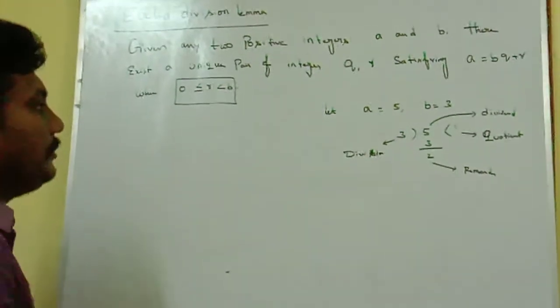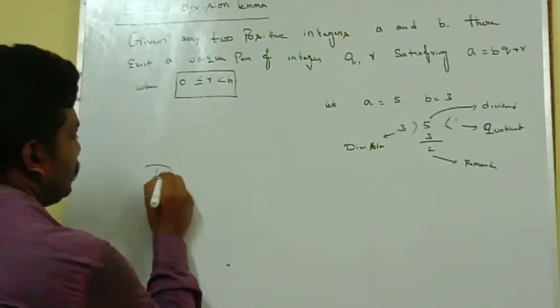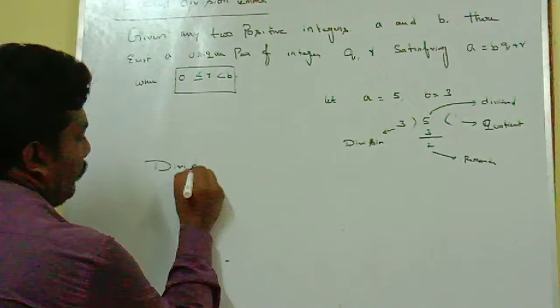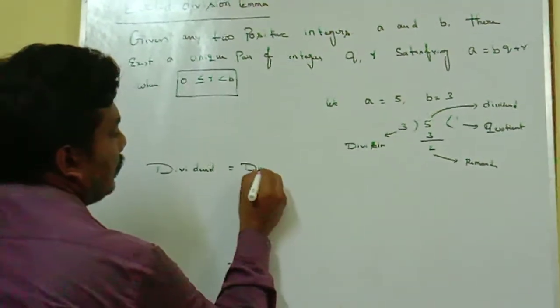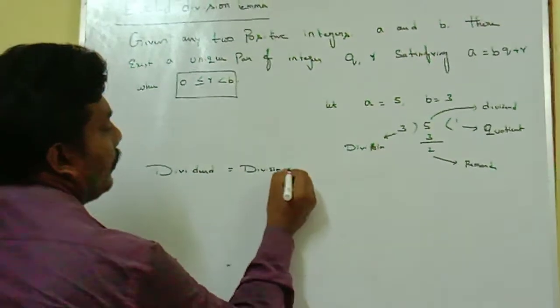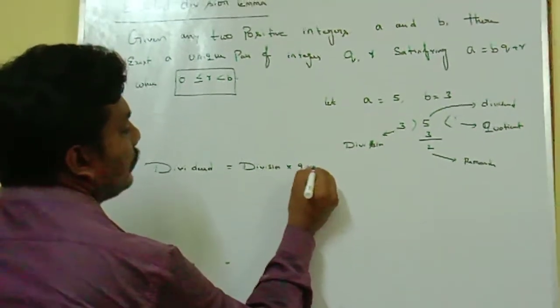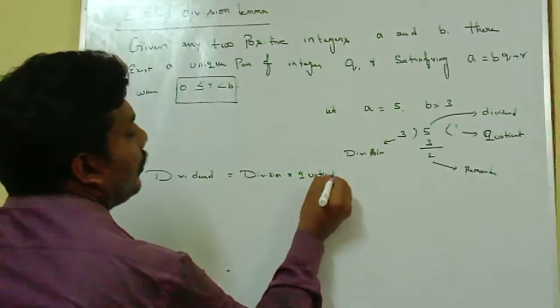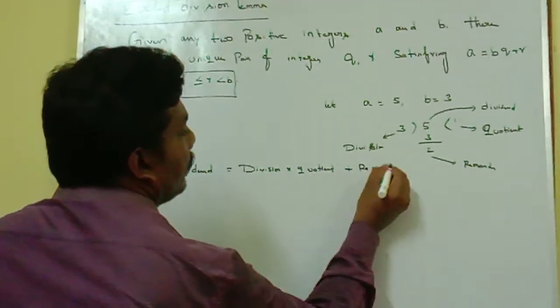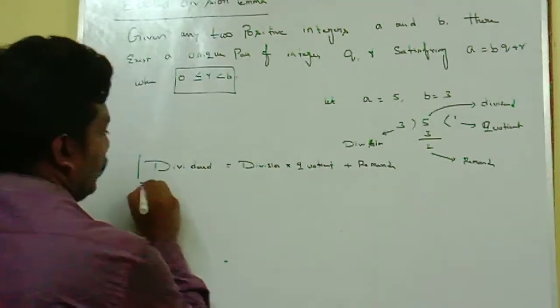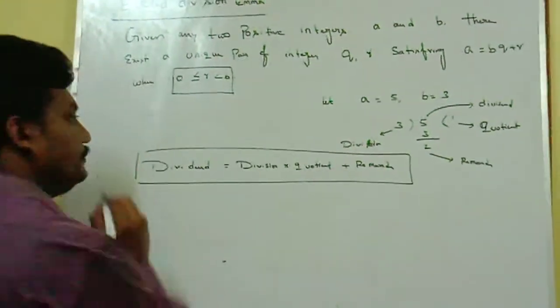According to this concept, we know that dividend is equal to divisor into quotient plus remainder. So this is Euclid division lemma.